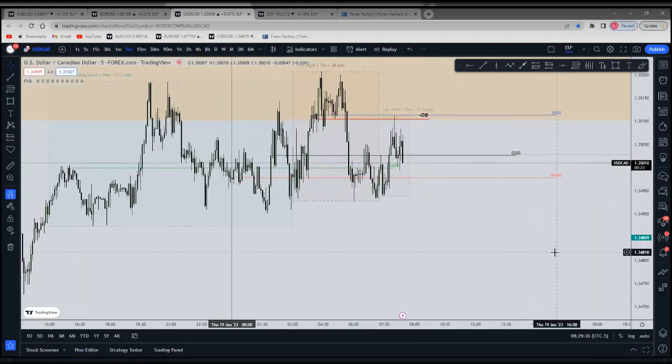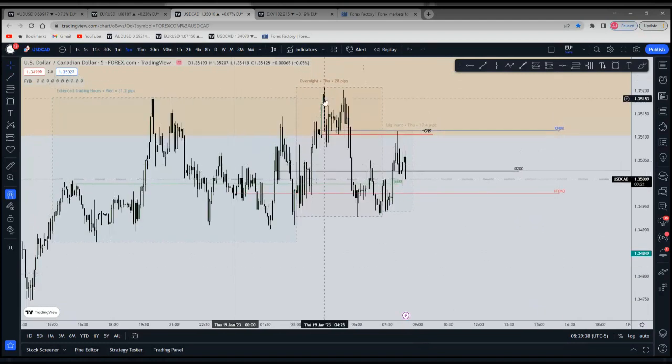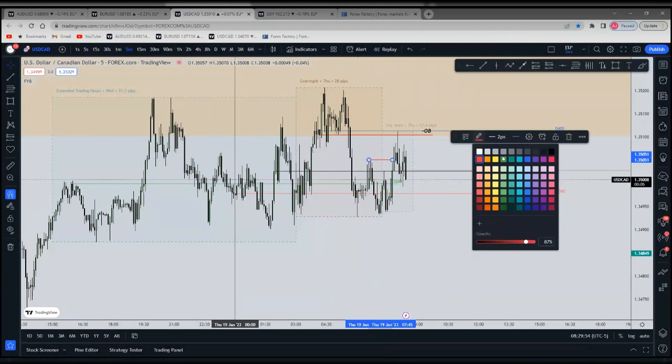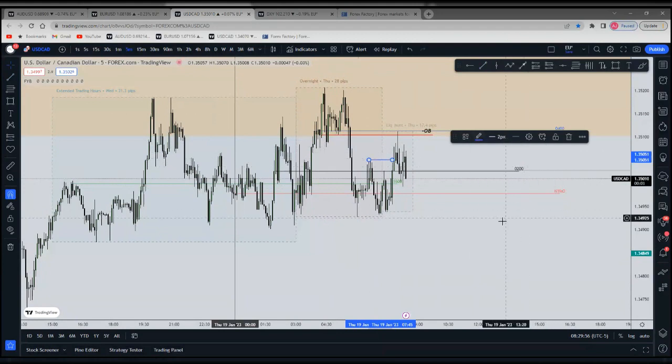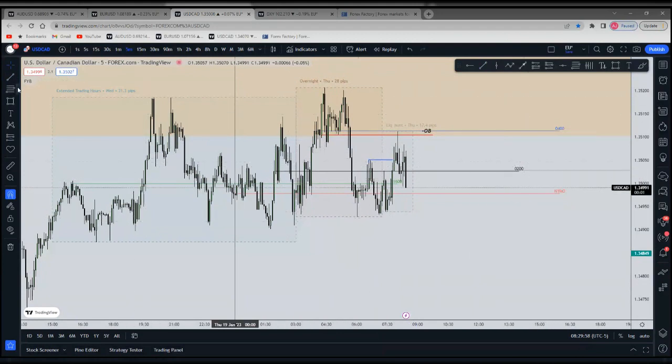And price validated this order block by breaking structure down and also confirming a shift in market structure. So once the shift in market structure is confirmed, we can see that price created or engineered liquidity in discount of the range right there by creating an intermediate term high and then taking out the liquidity.